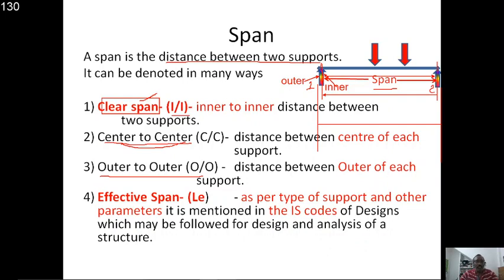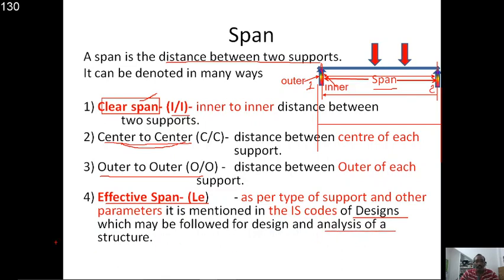In addition to this, one more span we generally come across from the codes, that is the effective span. This effective span term is majorly used for the design, to analyze the structures.